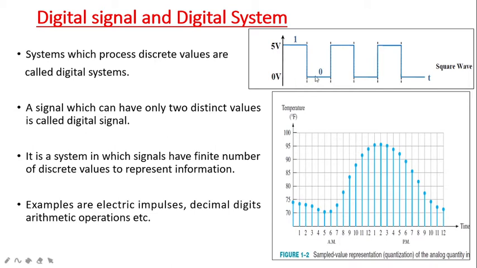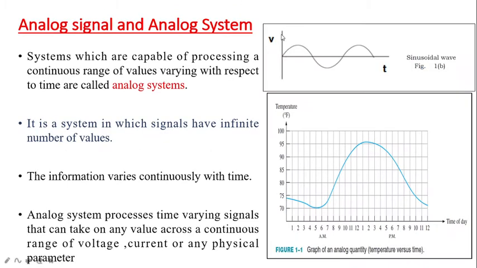So 0 volt is denoted by a 0, 5 volt is denoted by 1. We can see further why this 5 volts is denoted as 1, as well as 0 volt is denoted as 0. Here also we have taken the x-axis as time and the y-axis as voltage, same as in your previous sinusoidal wave.